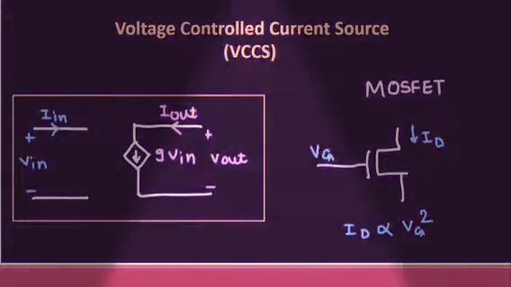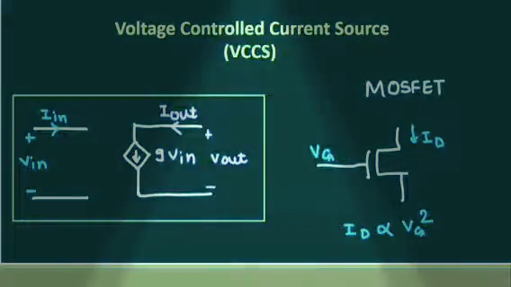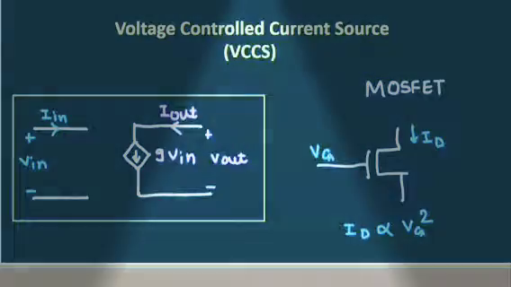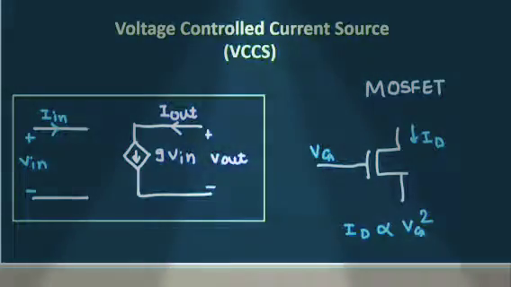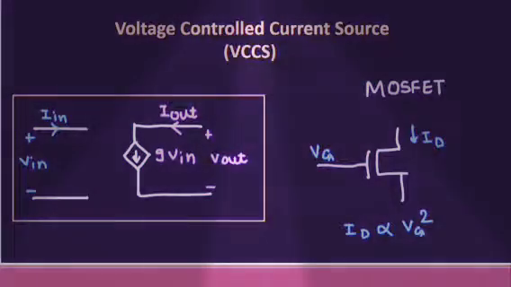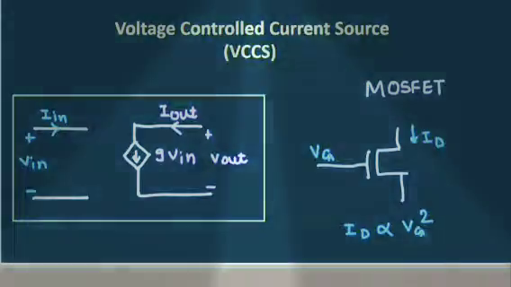Here V in is the input voltage, I out the output current. G is the coefficient of current source, and its unit is ampere by volt, which is also the unit of conductance. G is also called transconductance.